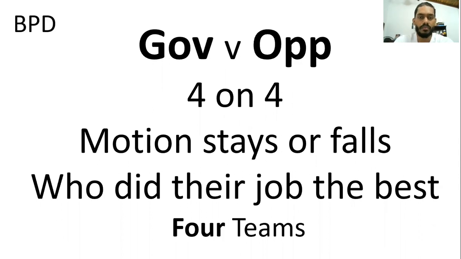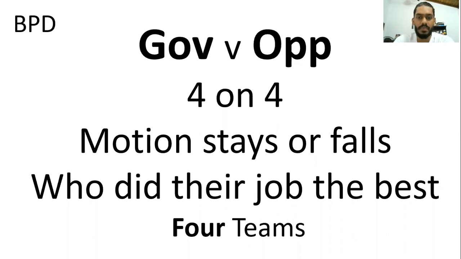In a nutshell, it's whether the first part of the government did their job the best or the second part of the government did. That means whether the first 2 speakers of the government brought in good constructive arguments, whether the first 2 speakers of the opposition brought in good constructive arguments, whether the third and fourth speakers of the government properly handled the rebuttals and clash points, or whether the third and fourth speakers of the opposition handled the rebuttals and clash points the best.